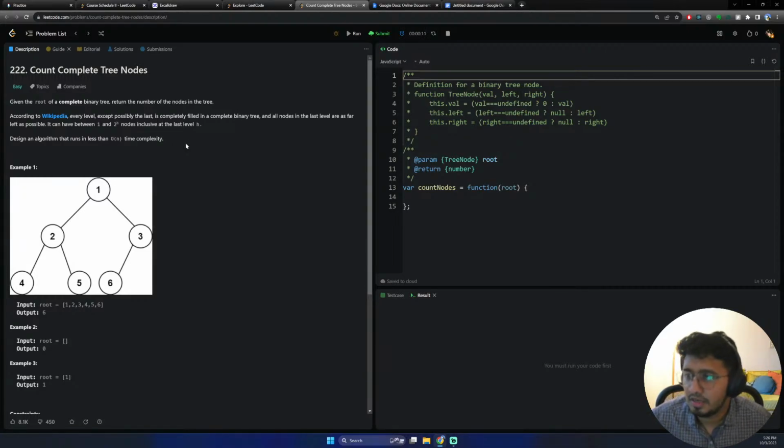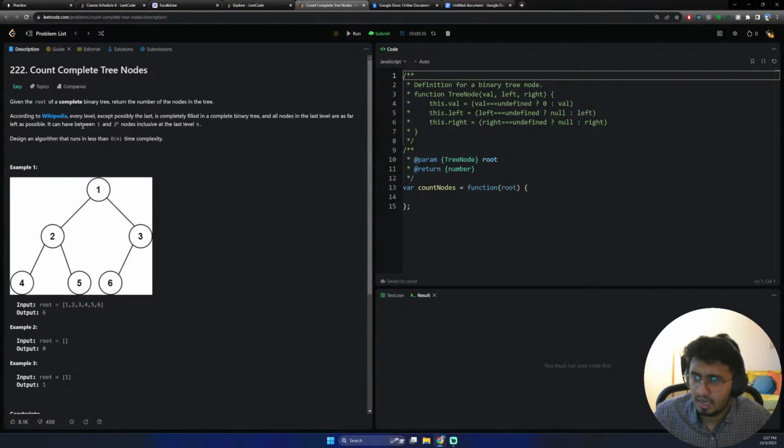Given the root of a complete binary tree, return the number of nodes in the tree. According to Wikipedia, every level except possibly the last is completely filled in a complete binary tree, and all nodes in the last level are as far left as possible.